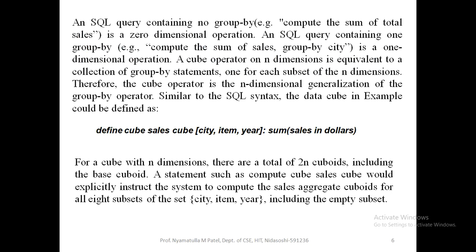Similar to the SQL syntax, the data cube in the example can be defined as: define cube sales_cube (city, item, year): sum(sales_in_dollars). For a cube with n dimensions, there are a total of 2 raised to n cuboids, including the base cuboid.